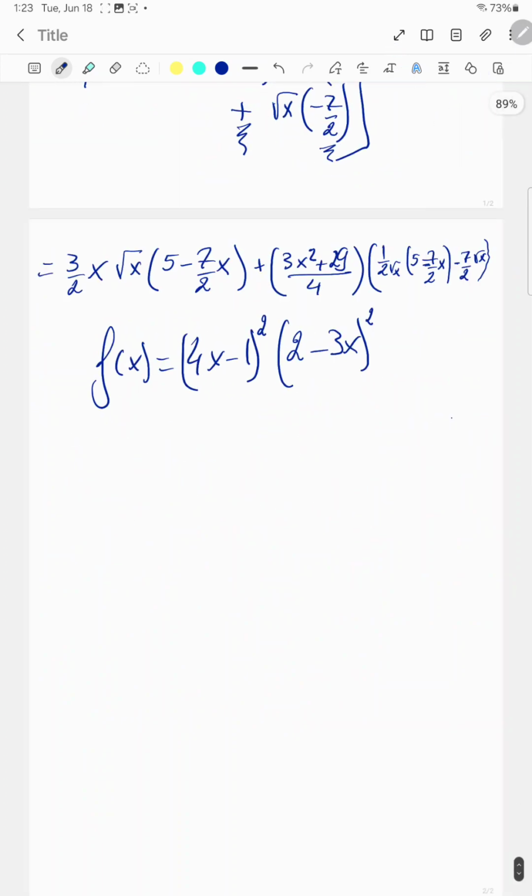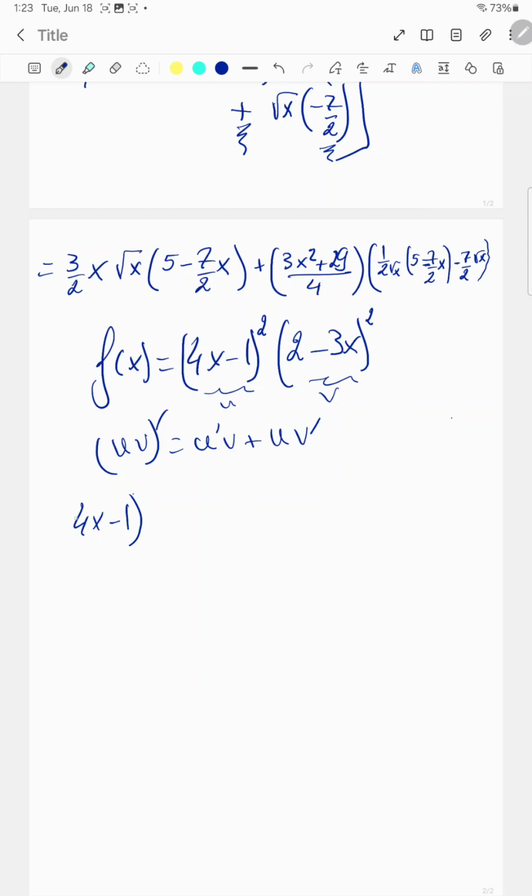Again, this looks like my u and this looks like my v, and the derivative of u times v is u prime v plus u v prime. So let's start. It is 4x minus 1 actually.